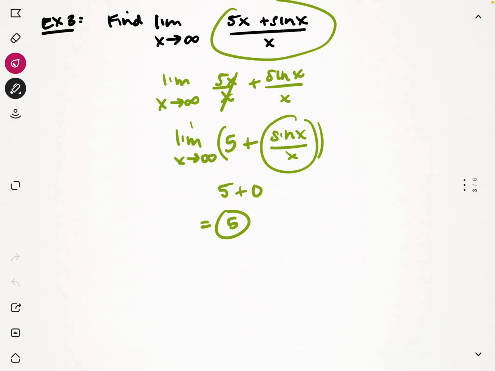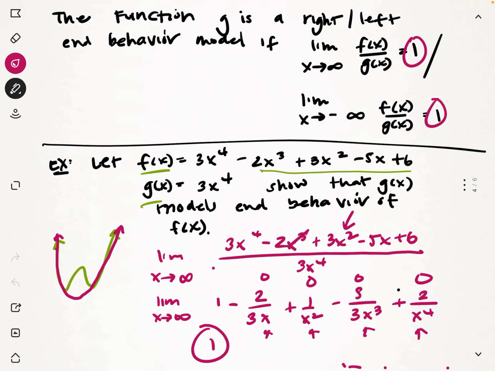Next, we did it algebraically, right? We split this fraction into 2 fractions and found the limits of each part. We knew the limit as x approaches infinity of sine x over x was going to be equal to 0. And then algebraically, the 5x over x canceled out nicely. We were able to find our limit pretty easily for that one. Then we talked about end behavior models, right?